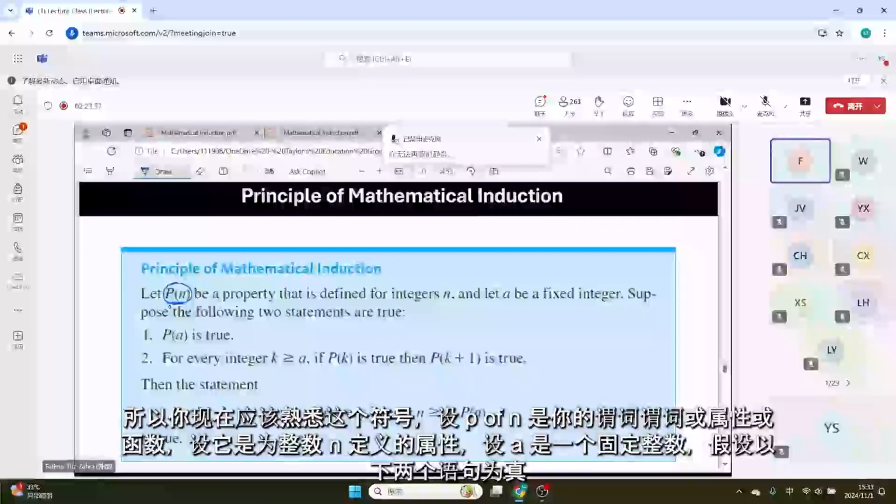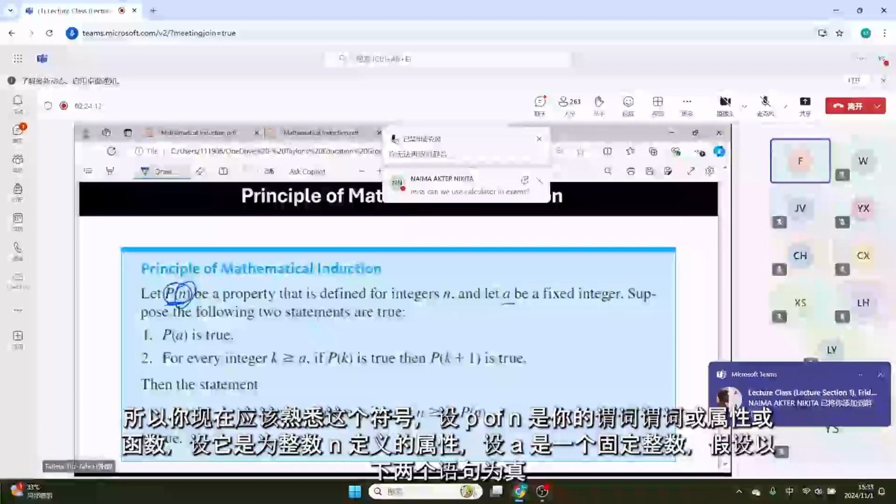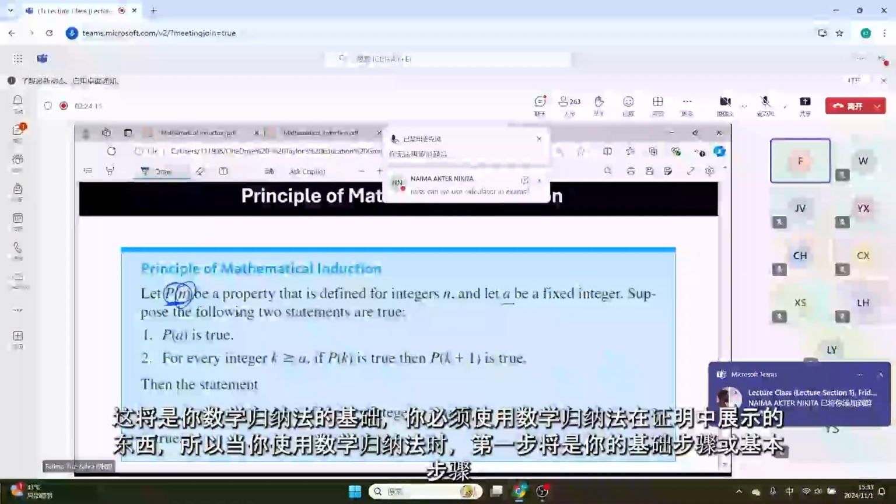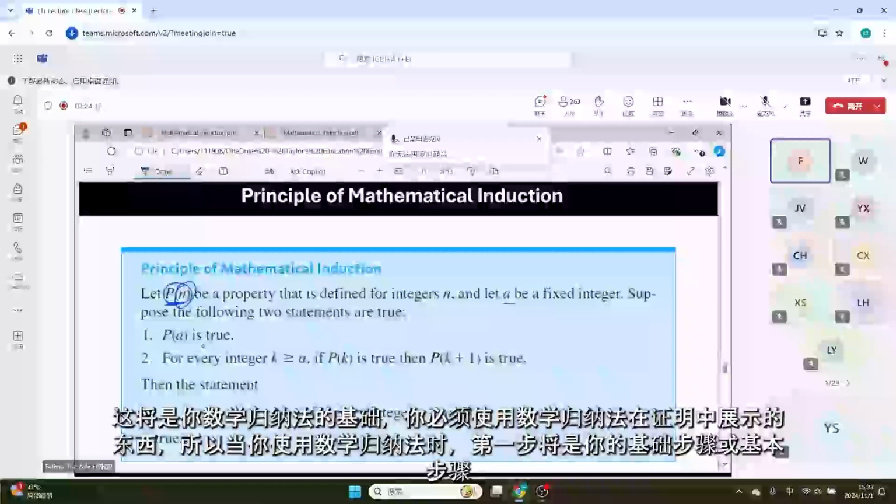Let P of n, which is your predicate, or property or function, be a property that is defined for integers n, and let a be a fixed integer. Suppose the following two statements are true. This will be the base for your mathematical induction, the things that you have to show in your proof.